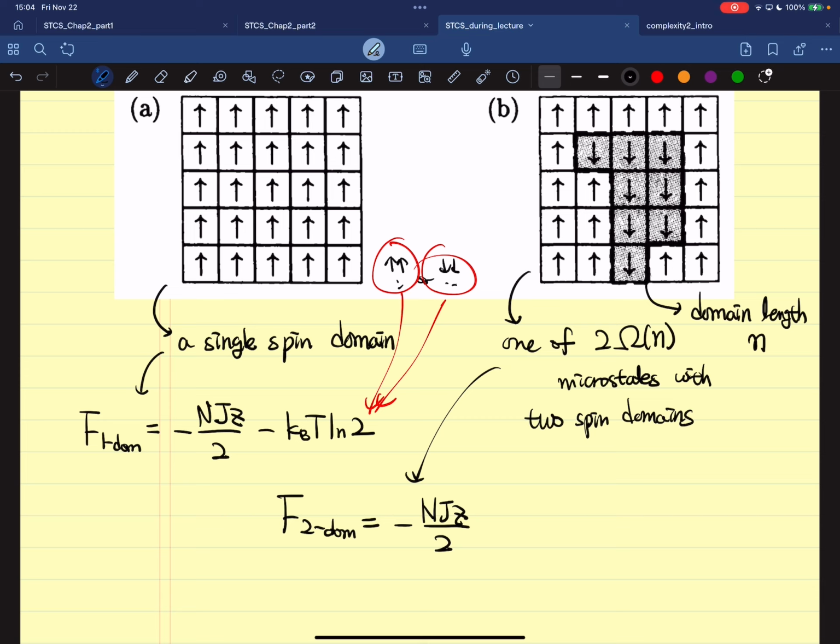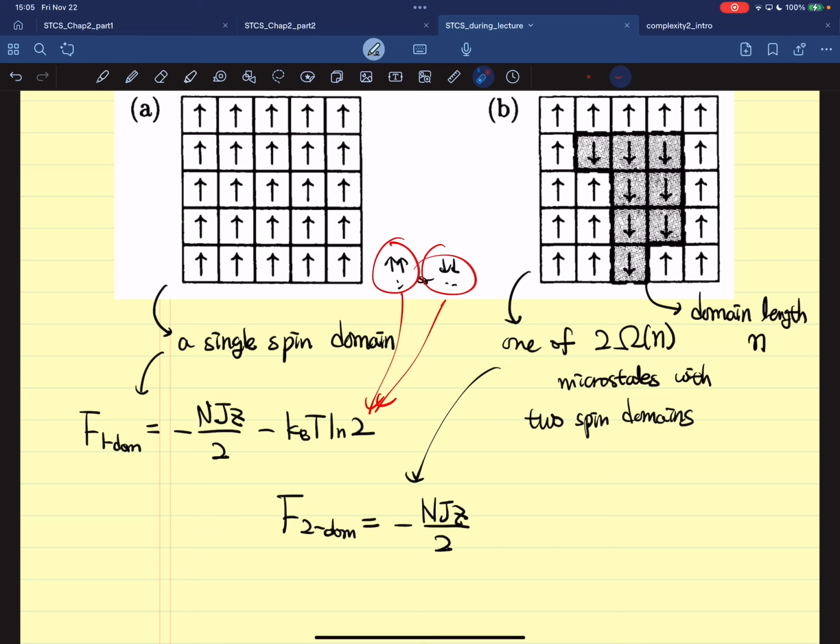So the domain length is n. This variable was not necessary for the one-dimensional case because it's always 2. But the domain length is n. So it's like 1, 2, 3, 4, 5, 6, 7, 8, 9, 10, 11, 12, 13. So it's 13 here.